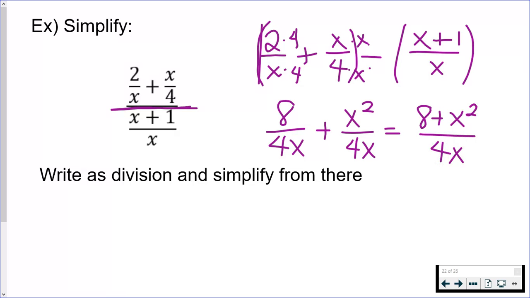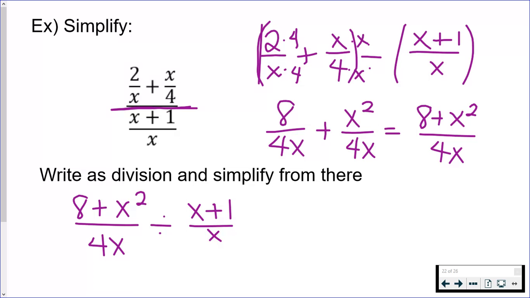And so that will be the numerator that I had before I wrote this as division. So writing this out, I'm now going to do keep, change, flip.